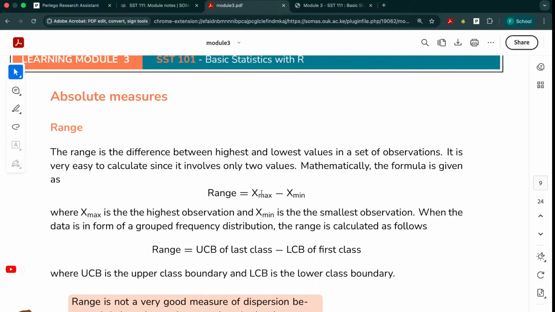So this is how we do range for grouped data. For grouped data, we use the upper class limit of the highest class minus the lower class boundary of the first class.